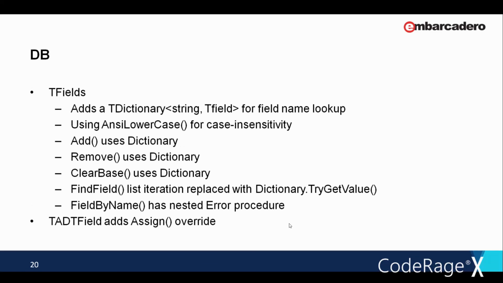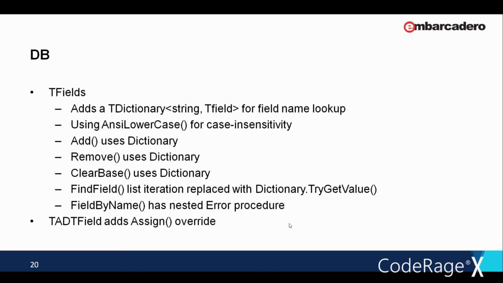For the database itself, this was probably my number one appreciated performance improvement change under TFields: adding a dictionary for looking up a field name. The ANSI lowercase call is used on the field name to make the field name matches case insensitive, so you should be aware of how the case insensitivity is achieved for that dictionary.